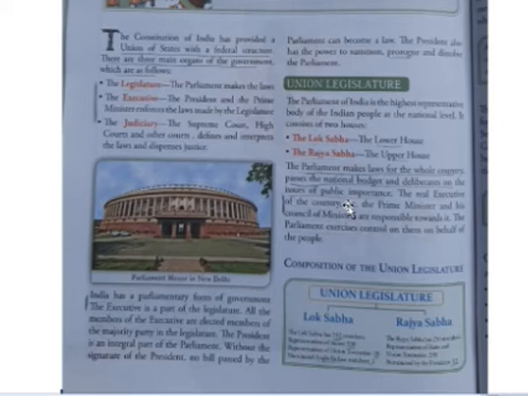The executives, mainly the prime minister and the council of ministers, whom the majority body elects. So these are people who are answerable towards the parliament, and they are responsible for these laws to be executed properly in a country.